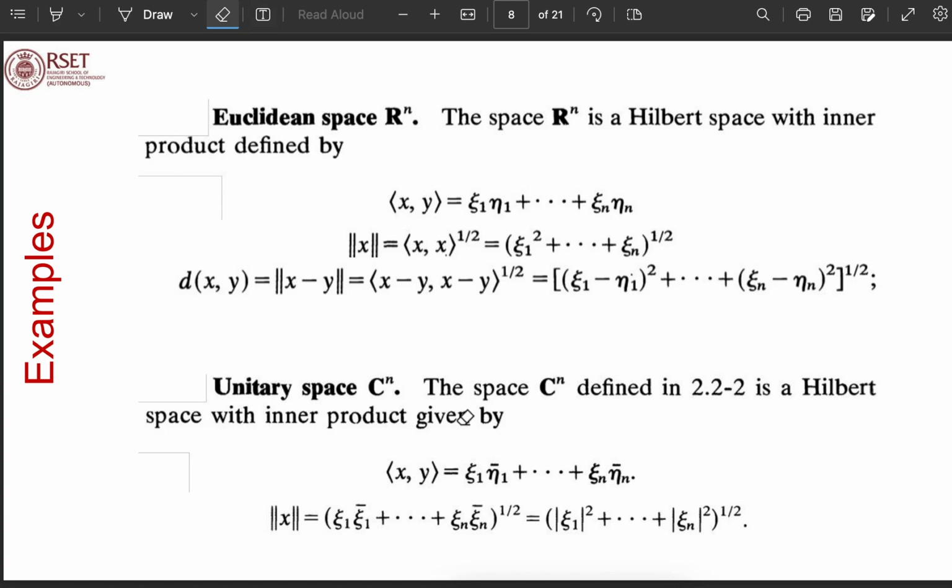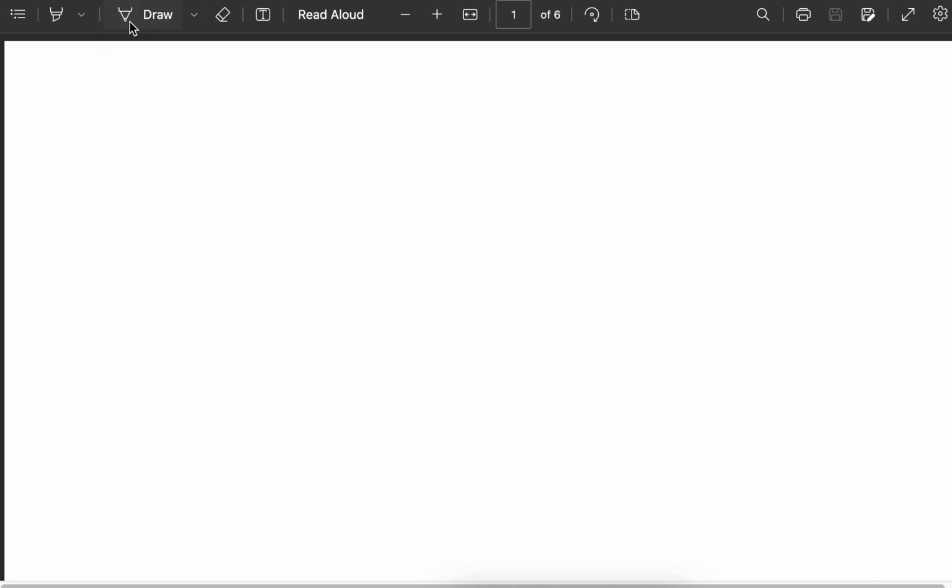So let's consider C2. C2 over C is the collection of all pairs x1, x2 such that x1, x2 are complex numbers.